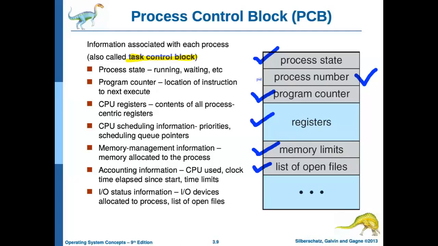So whatever the list of open files are there, that is also stored. And anyways, files are stored, that means just descriptors are stored there, file descriptors, and that is just an integer.